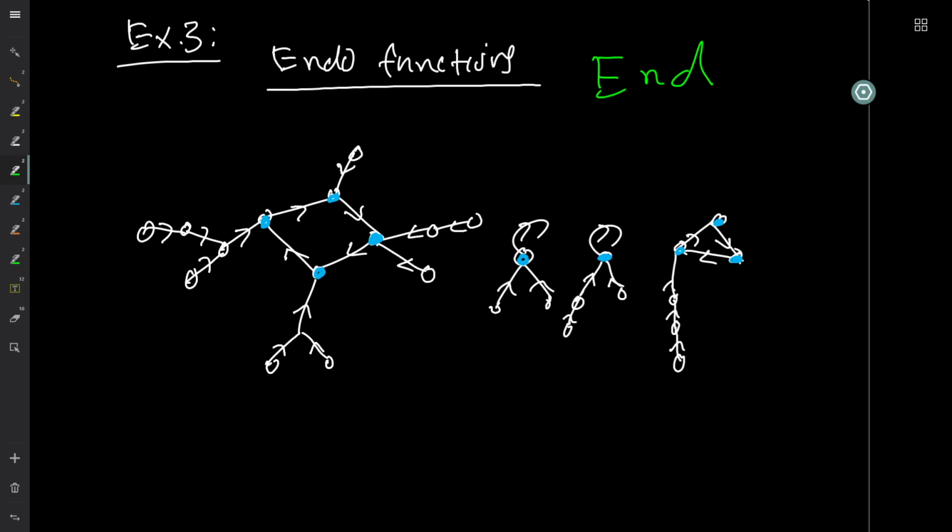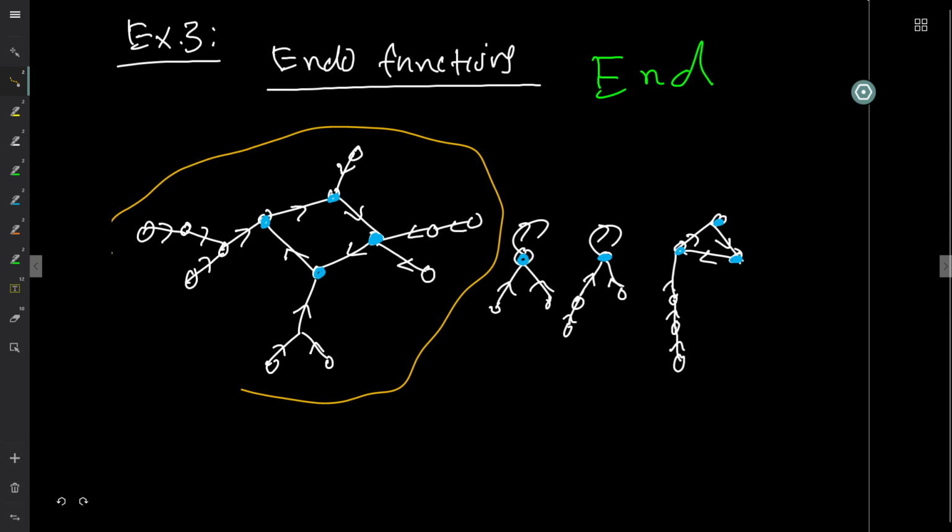Endo functions had this nice structure where you have lots of rooted trees, and these rooted trees were all going like this. Or we have this kind of graphs where all the direction is going in.